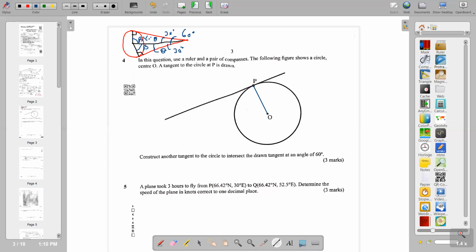Just come and construct a perpendicular line here. Take your compass. You construct a perpendicular line from here. So you're supposed to have the two arcs. You need to have that maybe on the other side.